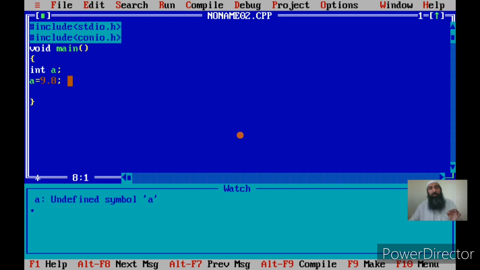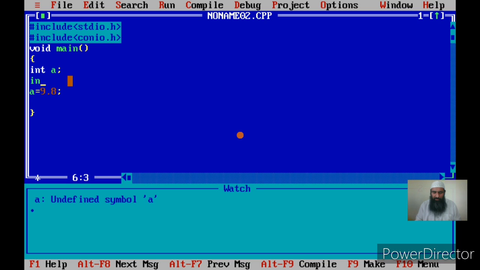Whenever you are assigning decimal constants to an integer variable, the decimal part will be lost, and that's called truncation. Now let us see another possibility.